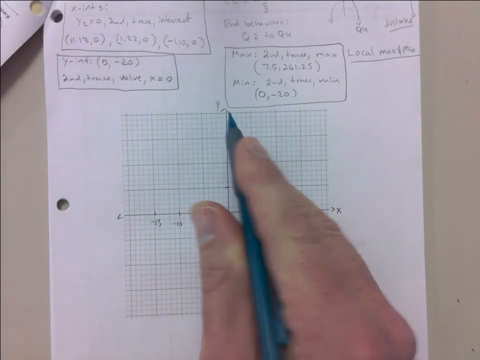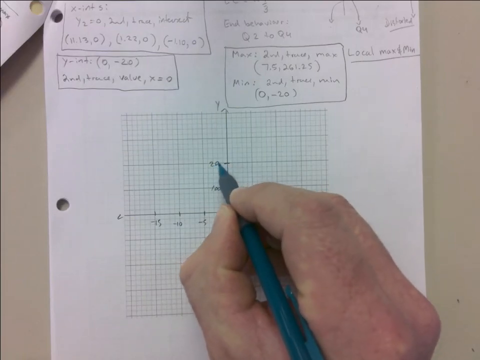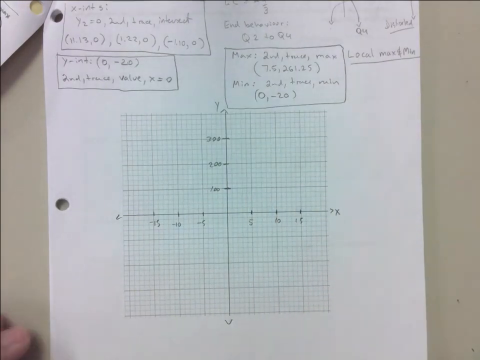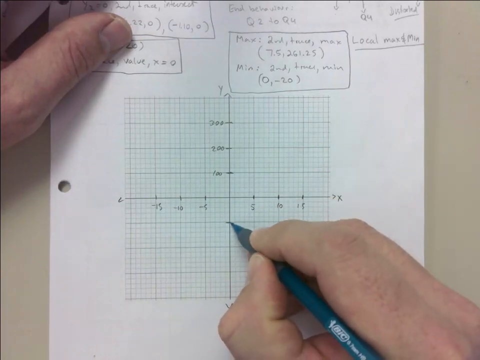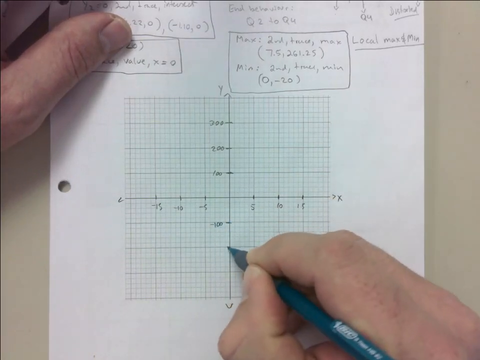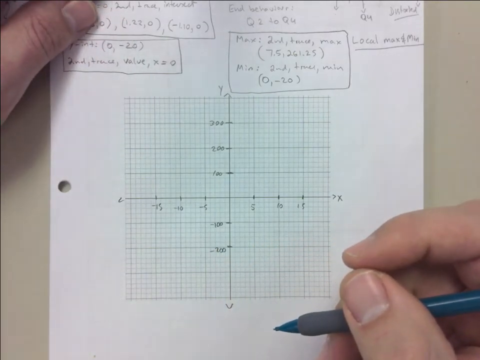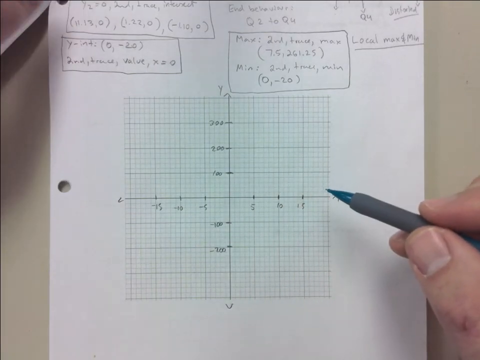That doesn't work. So I'm going to go 100, 200, 300. That will make sure this thing fits. Same going to the negatives: -100, -200.